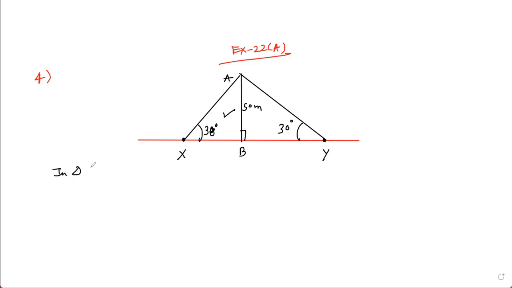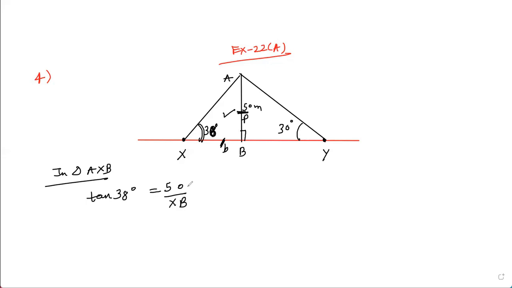In triangle AXB, since the height is given and I want XB, I relate these two. For the given angle of 38 degrees, the opposite side is the perpendicular and the adjacent side is the base, so we use the tangent ratio. So tan 38 degrees is equal to 50 by XB, right?